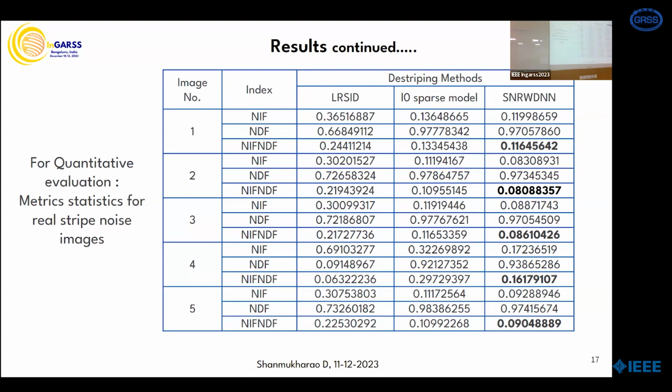It should be on the positive side. If it is more on the negative side, there is collateral degradation. If it is towards the positive side, then the image is getting more smoothed. So here we can see that these two are performing in a similar way.